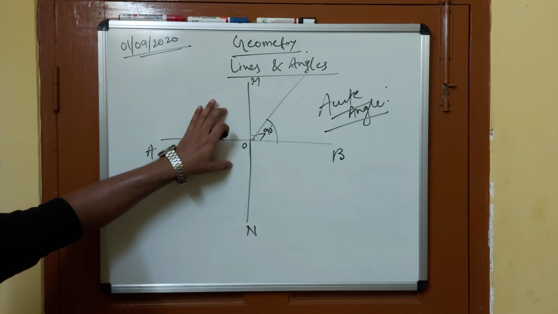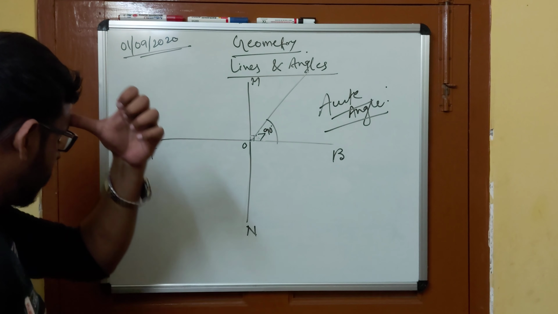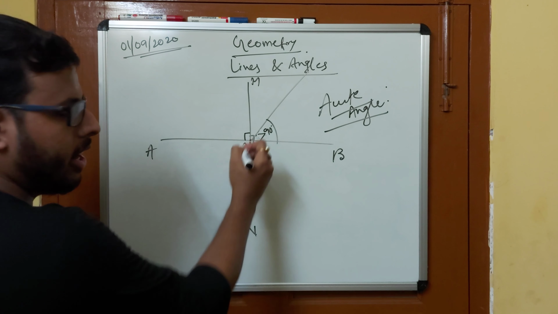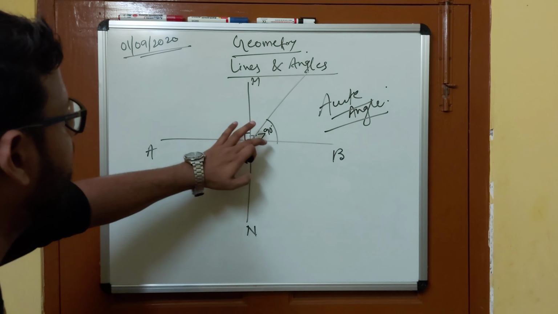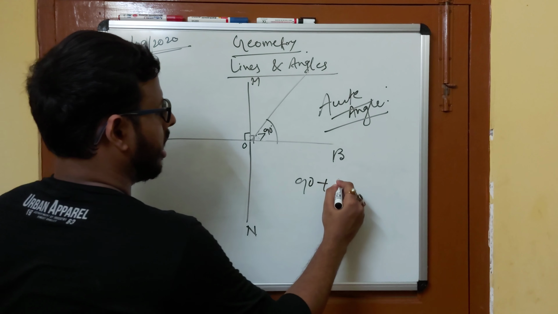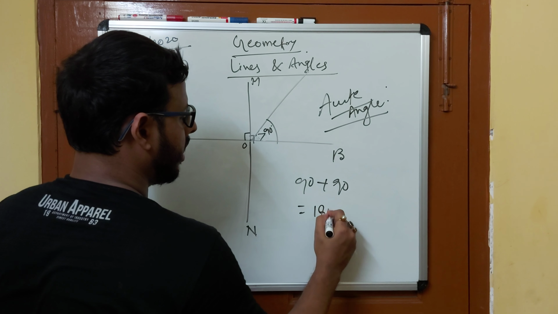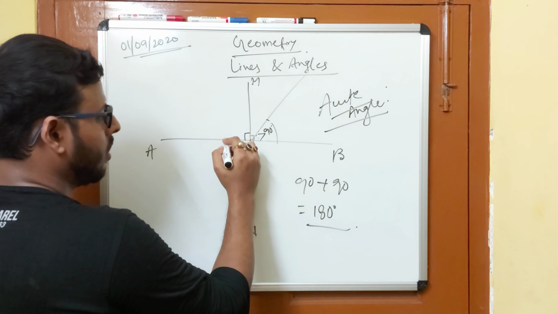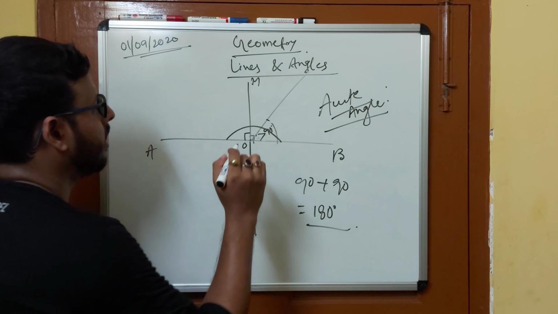Fine. Now, one more thing: since this is 90 degree, this must also be 90 degree, right? 90 plus 90 is 180 degree. Means this whole angle is 180 degree, which is also known as straight angle.